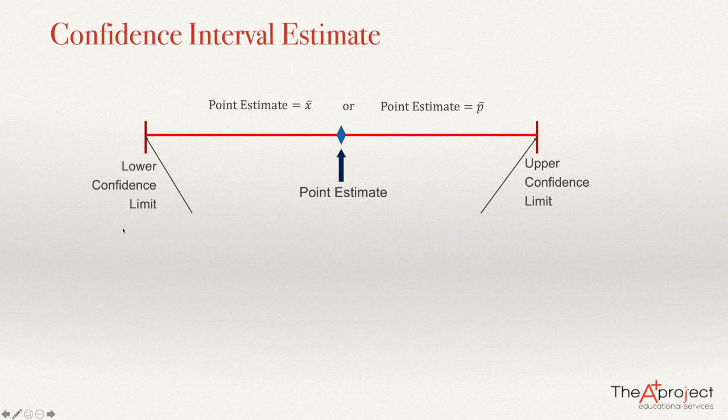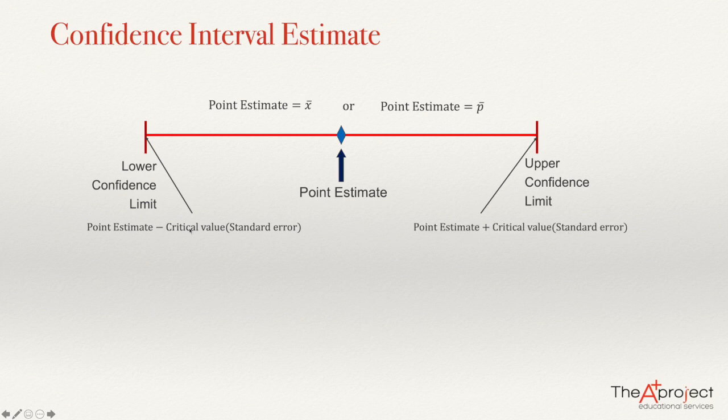The lower confidence limit will always be given by the point estimate minus the critical value multiplied by the standard error. In the case of the mean, remember the standard error will be sigma divided by the square root of n. And at the other side, we have the point estimate plus the critical value times the standard error.